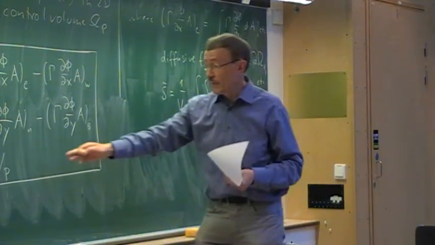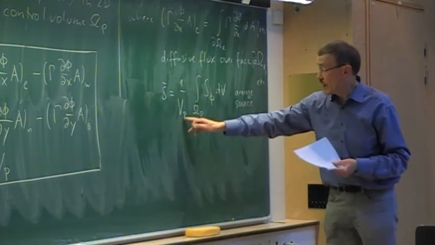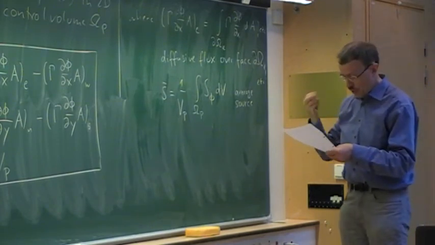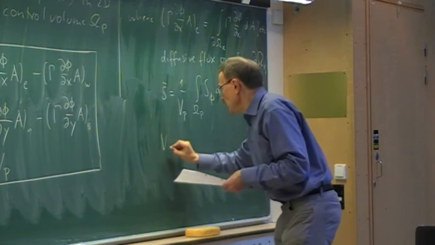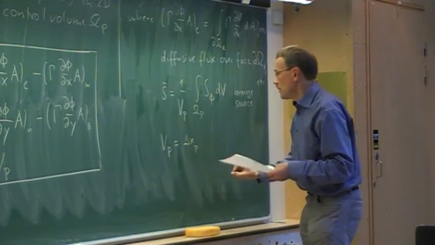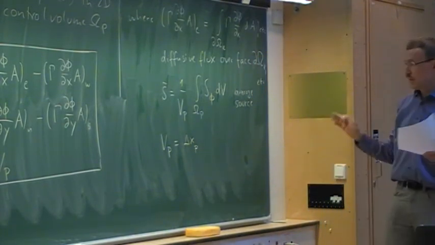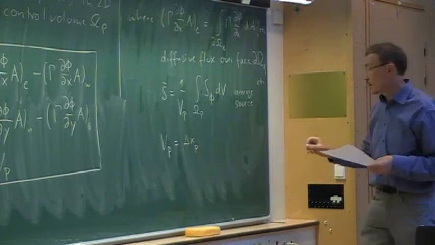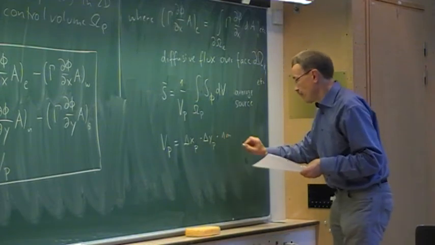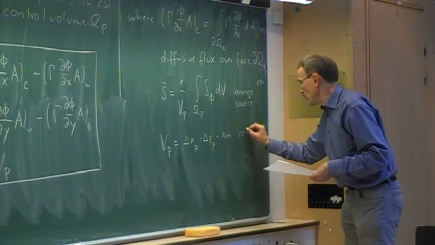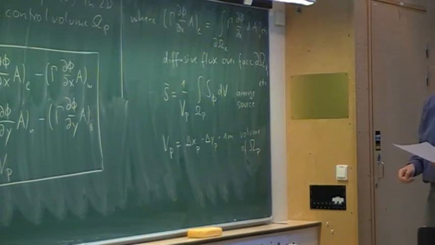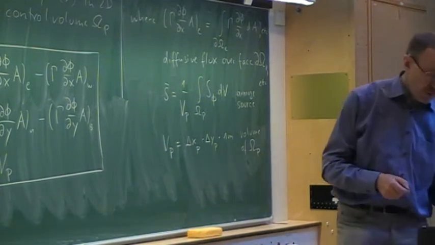If we multiply by that, then S bar times dp is actually the term that we have in the equation, representing the source. dp is the volume of the cell. In our case, it is delta x for the cell p, the length of the cell in x direction, times the length of the cell in the y direction, times 1 meter. So that is the volume of the control volume omega p. So then we have all the contributions.